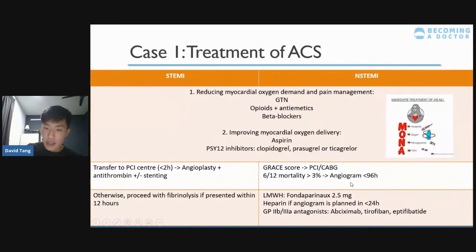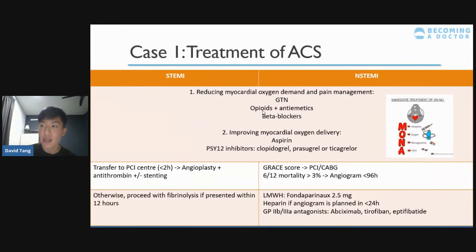So basically, you need to know about the recent changes in guidelines where oxygen is no longer recommended routinely unless the patient is desaturating. And even opioids are quite controversial because there's a recent study, although not level 1 evidence, showing that with concomitant use of clopidogrel and opioids such as morphine, patients have poorer outcomes.